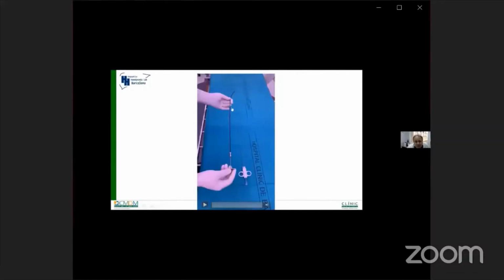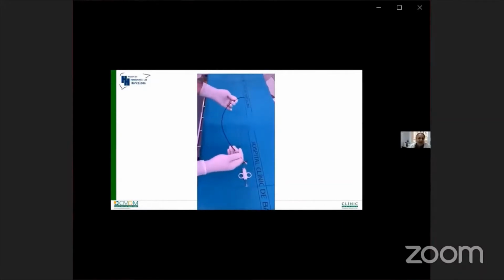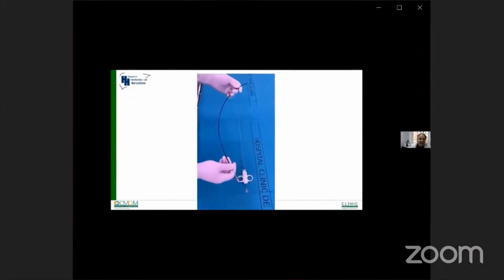This is from the old system, the black sheath with the needle used for aspiration. And this is from the new system, the throughput needle. As you can see in this video, this needle is tremendously more flexible than the original needle that comes with the throughput device that we used before.